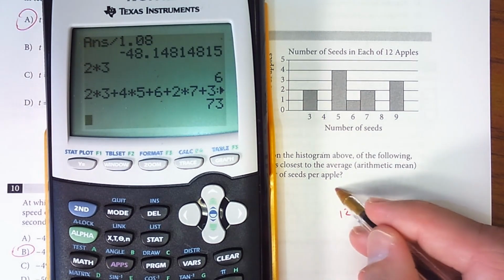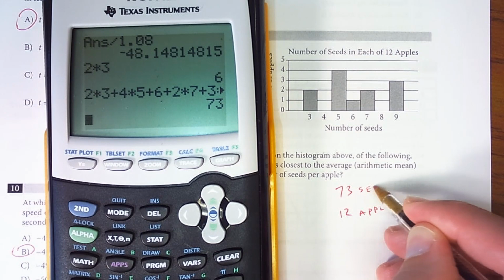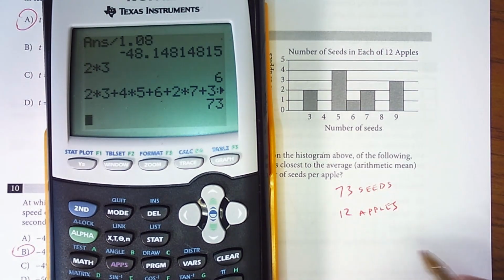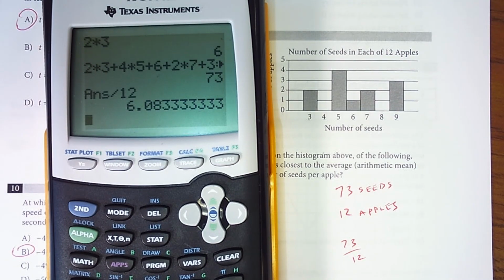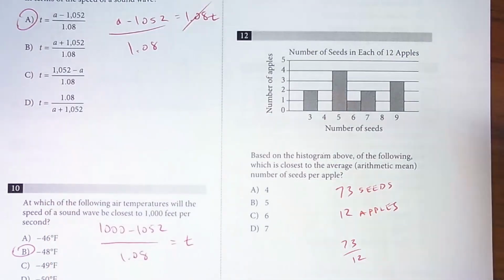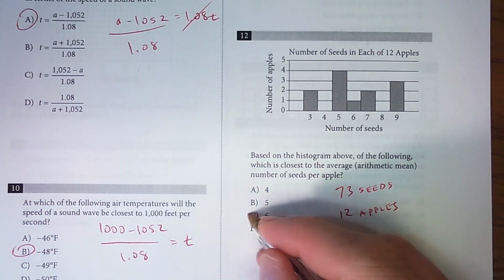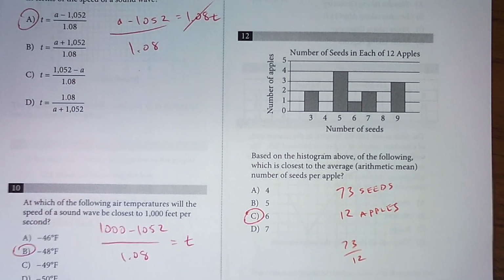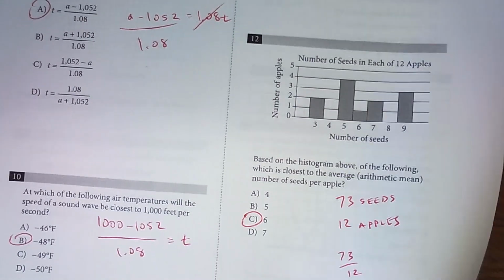That's a total of 73 seeds between all the apples. So 73 seeds divided by 12 apples, we get 6.083. So about 6 seeds per apple.